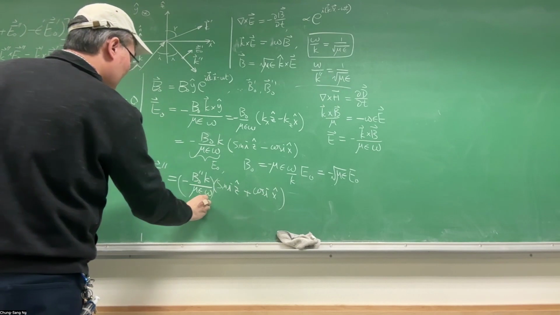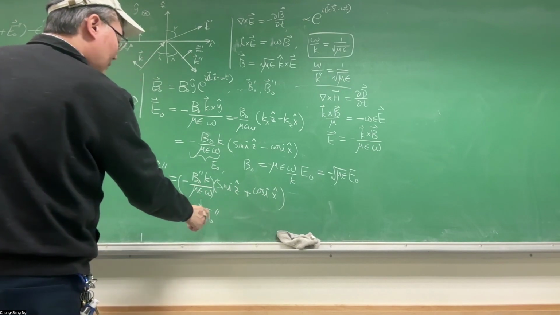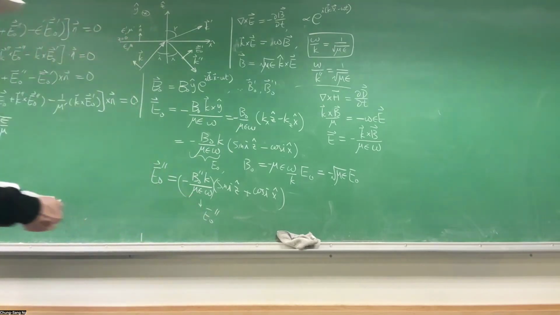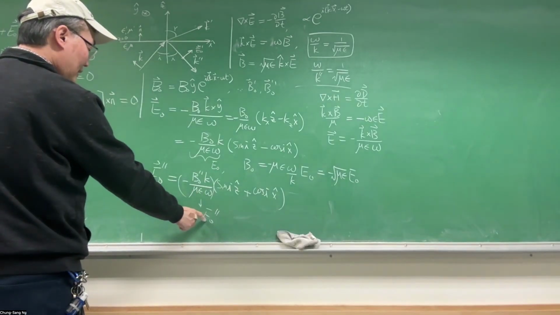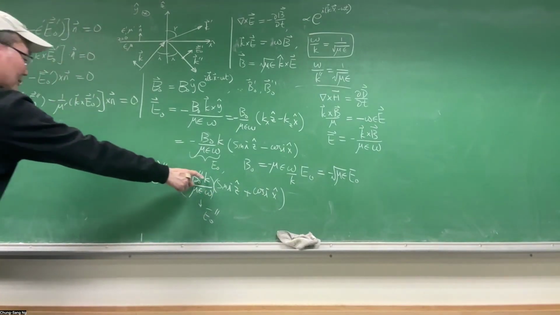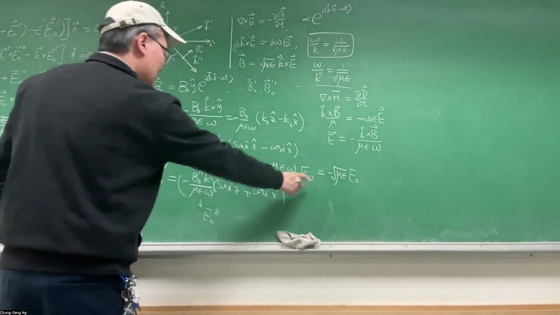So this is your E0 double prime. So again, B0 double prime is minus E0 double prime multiplied by all this divided by k. Right. And so it's basically this is the same as this one.